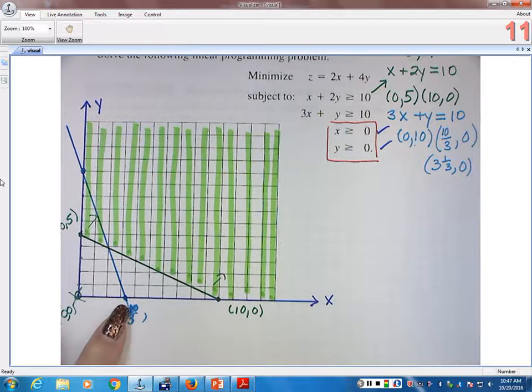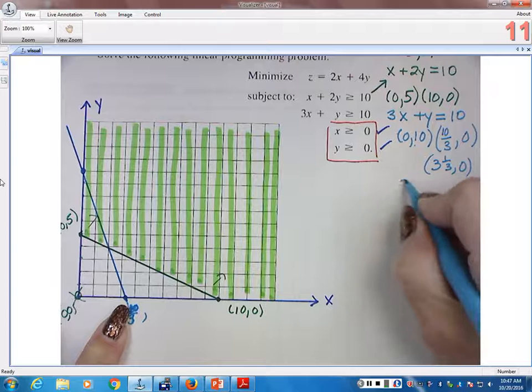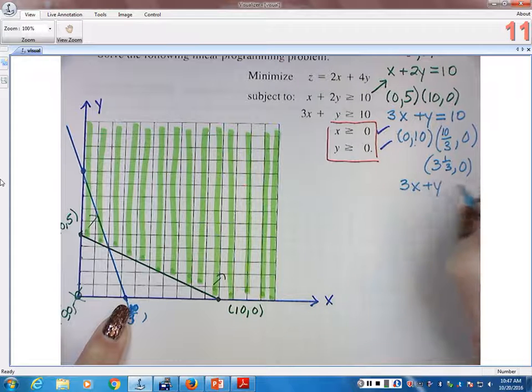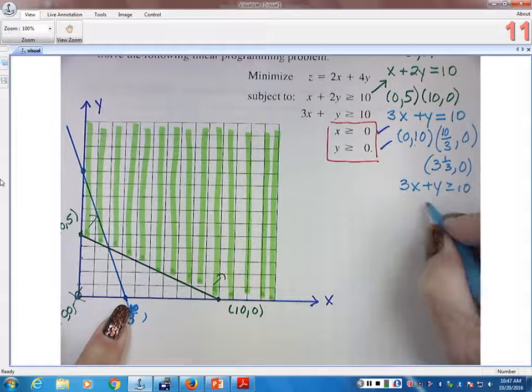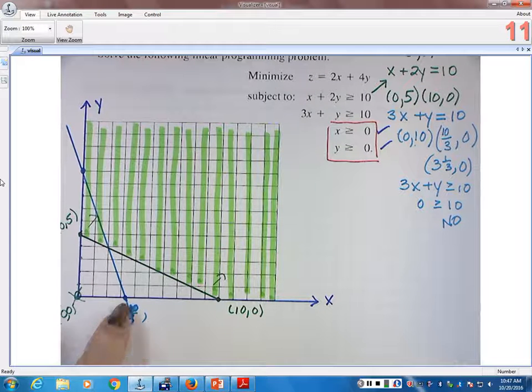And so with this boundary line, if we test the point again, 0, 0, we see that that's not true. So we're not going to shade towards 0, 0. We're going to shade the other direction.